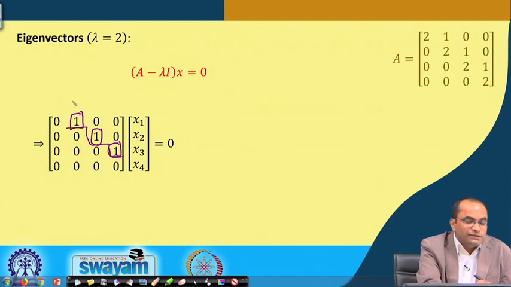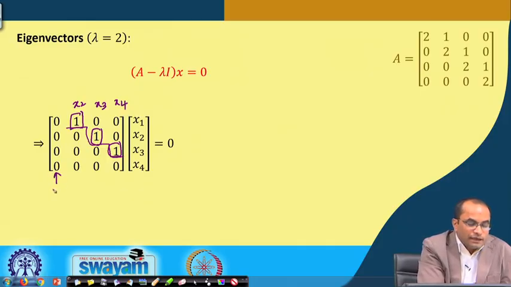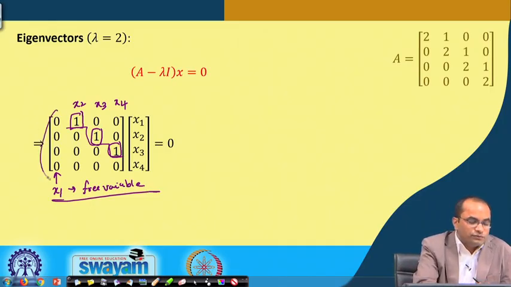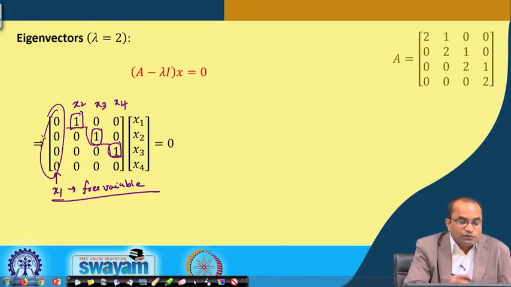So, how many pivot elements are there? x 2, x 3 and x 4 are the dependent variables, and here we have x 1 which we call the free variable. Our free variable is x 1, corresponding to column number 1, because we do not have a pivot in this column. So, we can choose x 1 as a free variable.